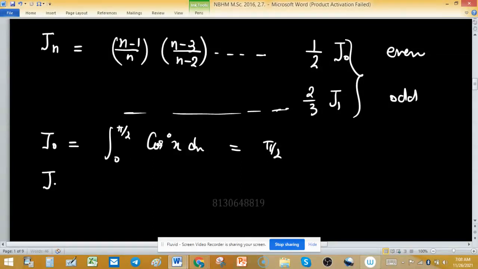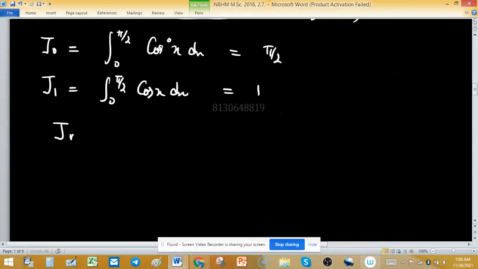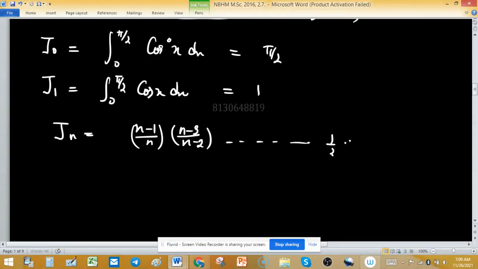J1 is the integral from 0 to pi by 2 of cos x dx, which is sin x from 0 to pi by 2, equal to 1. So finally we have Jn as (n-1)/n times (n-3)/(n-2), and so on. J0 was pi by 2, and J1 is 1.